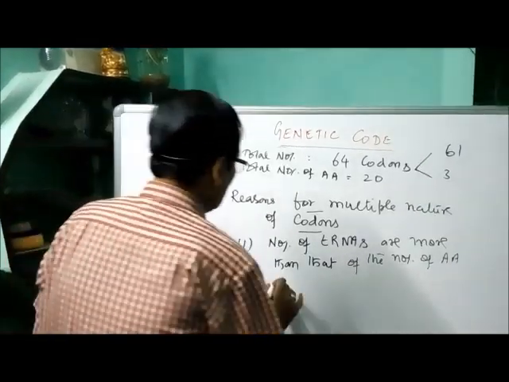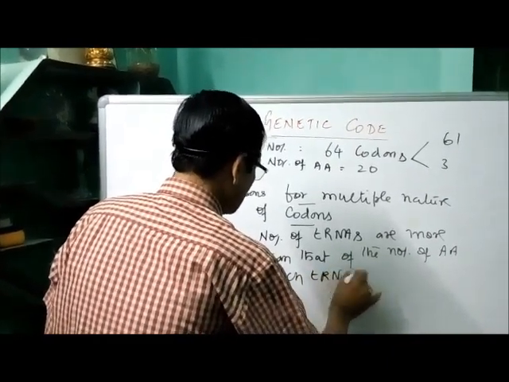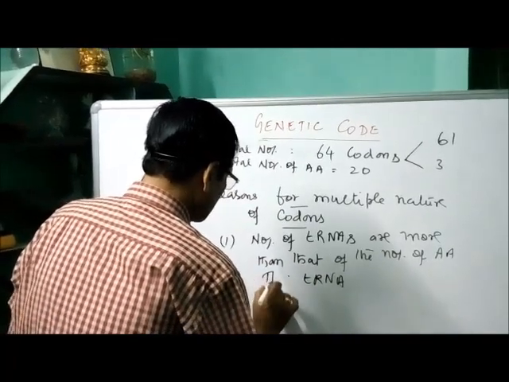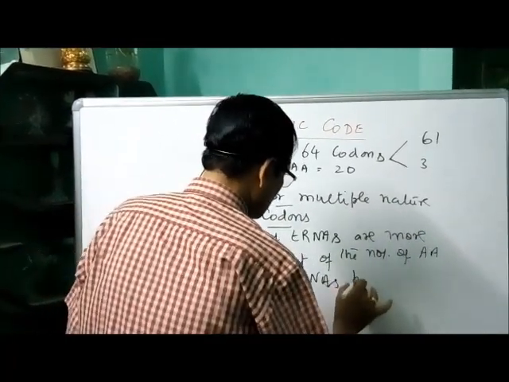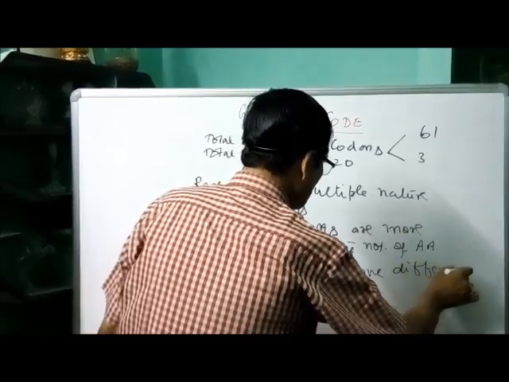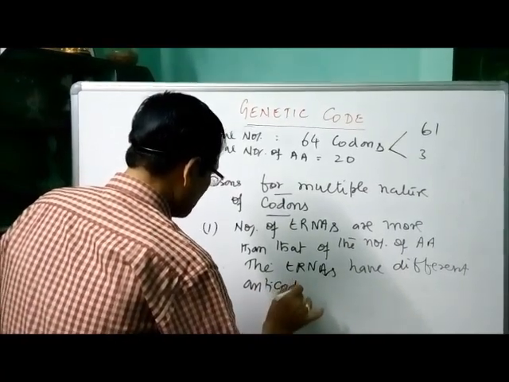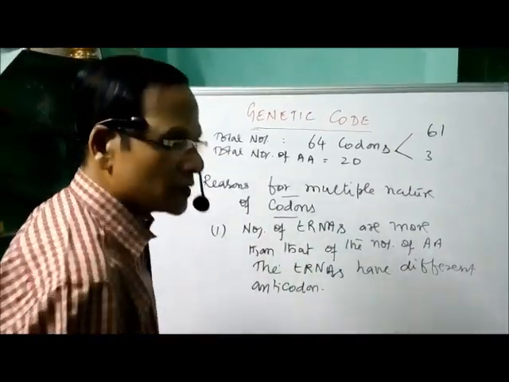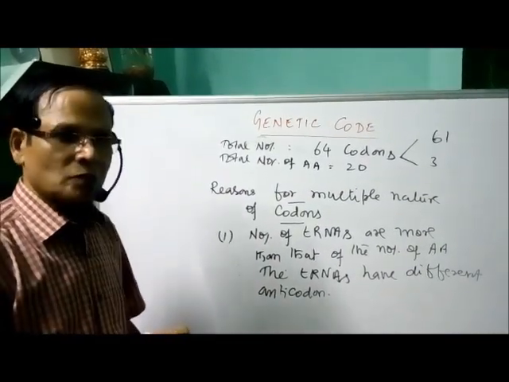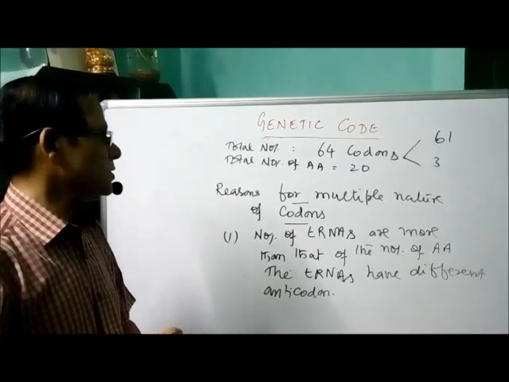So the tRNAs have different anticodons. That means the anticodon of one tRNA is different from the anticodon of another tRNA. This is reason number one for the multiple nature of codons.